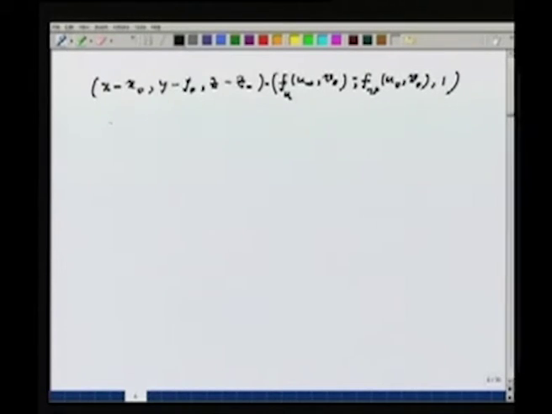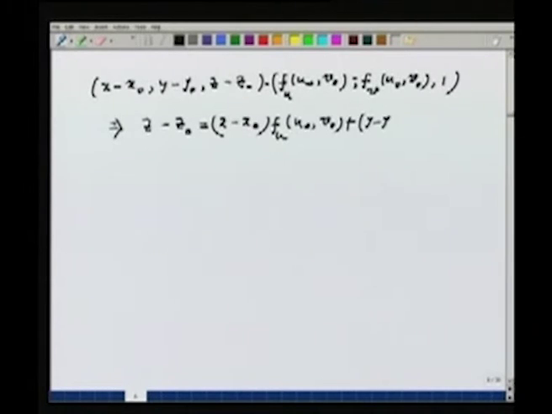If I do the dot product, what I get is z minus z naught equals f u times (x minus x naught) plus f v times (y minus y naught).